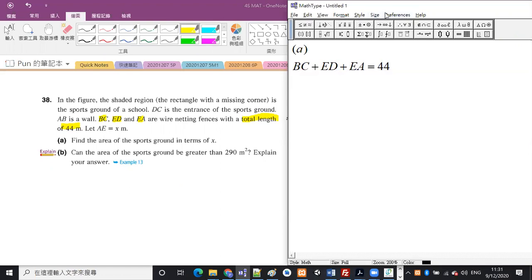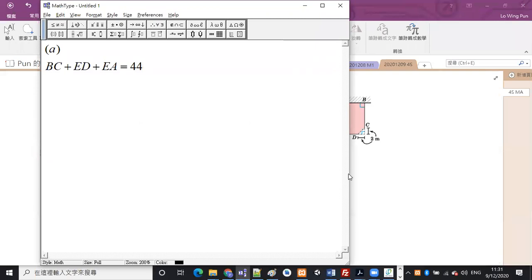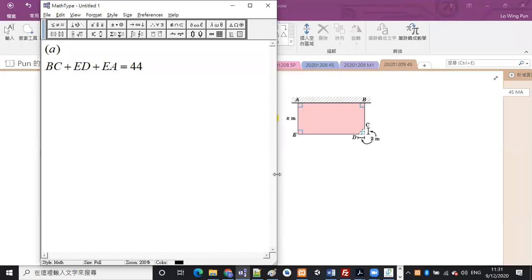Okay, and then the question has already let X be AE for us. Okay, so it's like this: something plus something plus X is equal to 44. 咁我逐格填翻落去啊。How about BC? BC is actually the opposite side, part of the opposite side of AE, right?